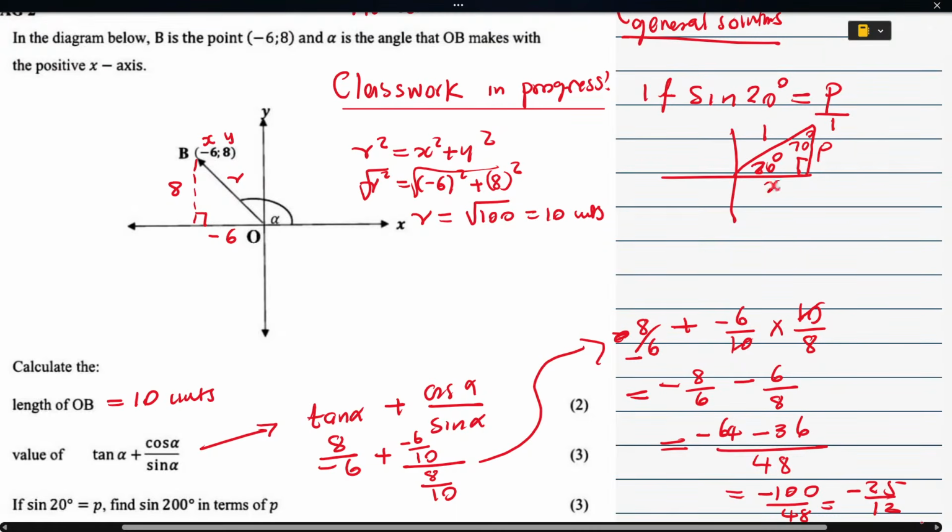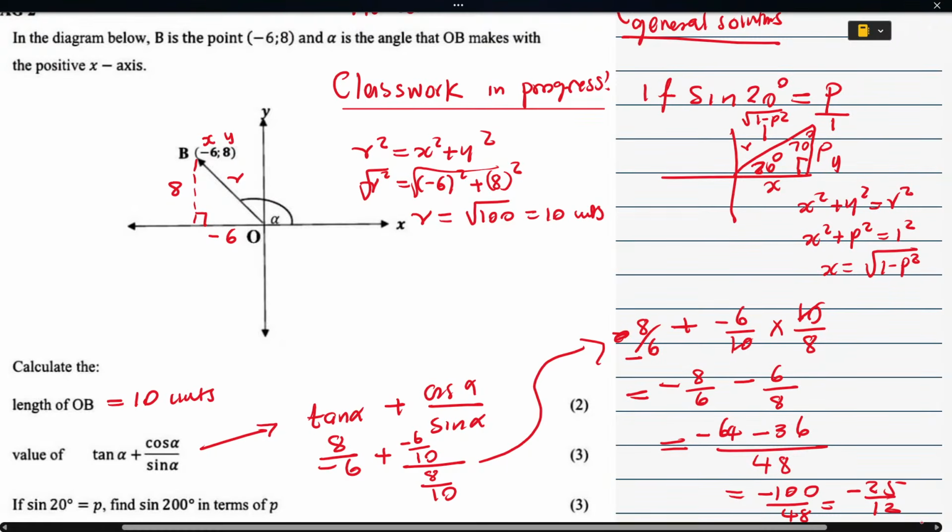Then this one is x, and this one is y, and this one is r. So you can say x squared plus y squared is equal to r squared. X squared plus p squared is equal to 1 squared. Therefore, x is equal to the square root of 1 minus p squared. So you write it there, square root of 1 minus p squared.